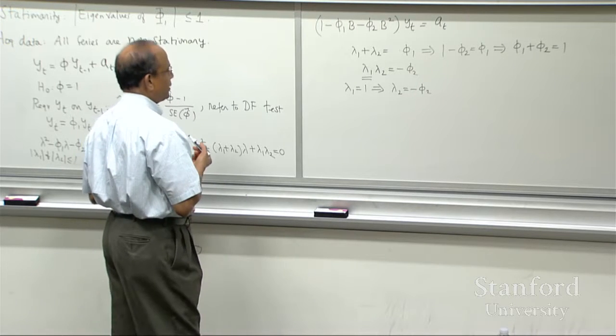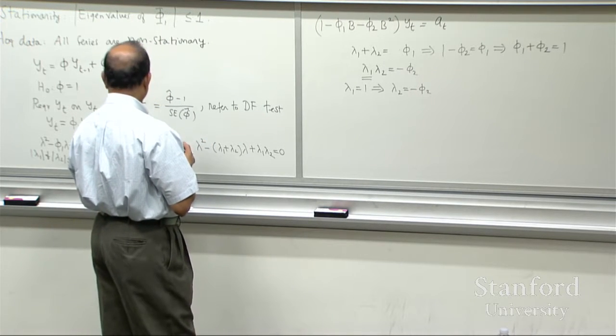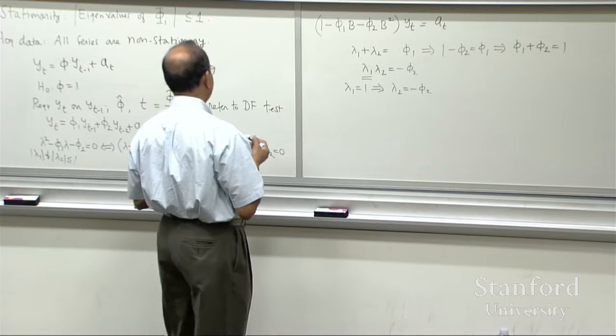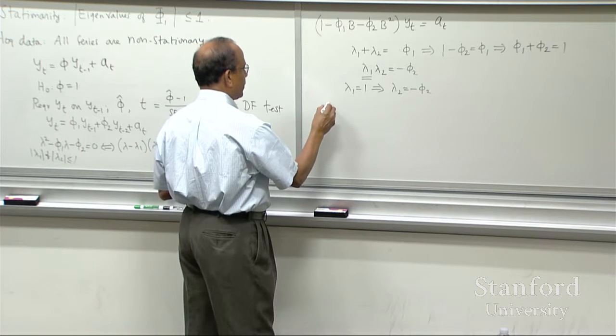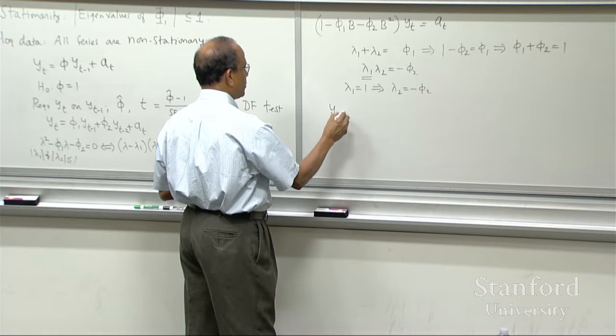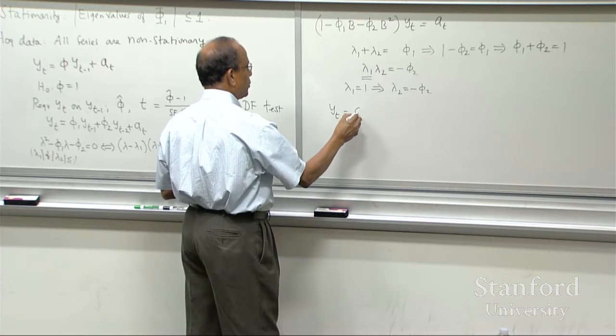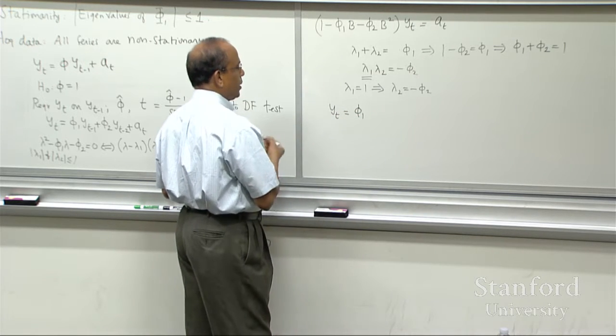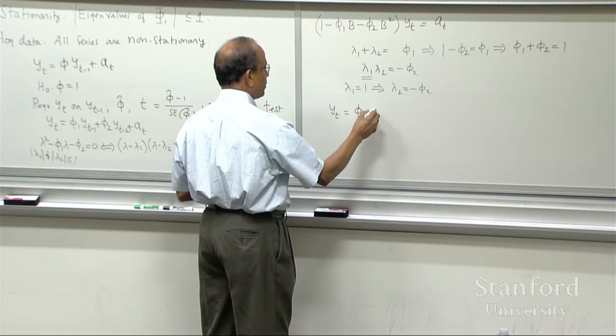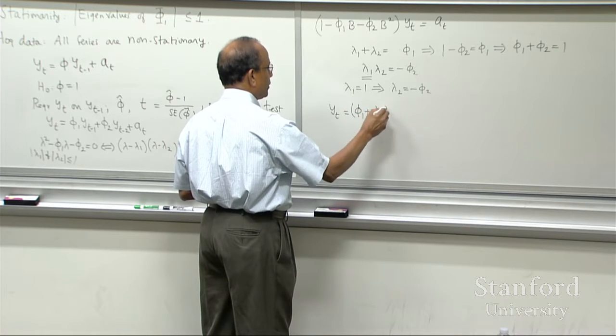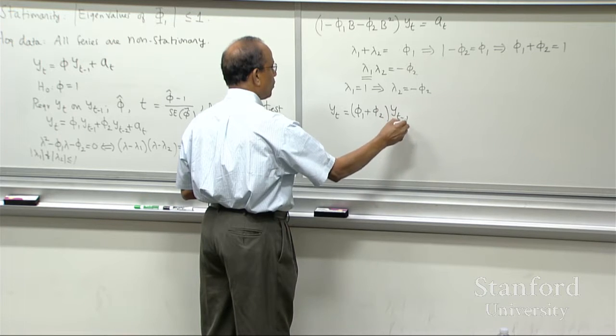Which means that you can take this model and rewrite it in a slightly different form. So you can write yt is equal to pi 1 plus pi 2, I am going to add this pi 2 here, times yt minus 1.